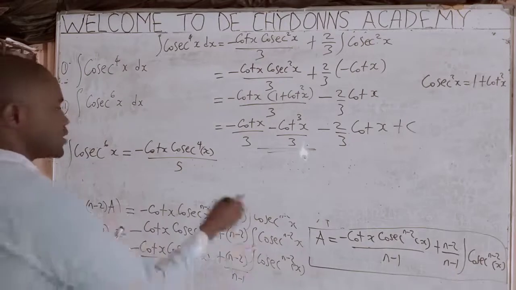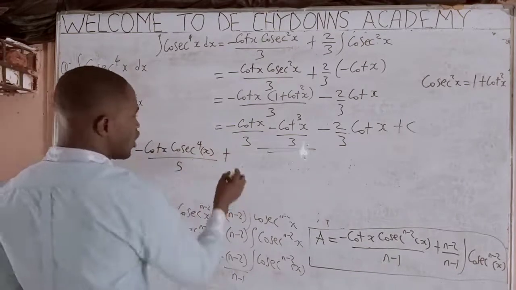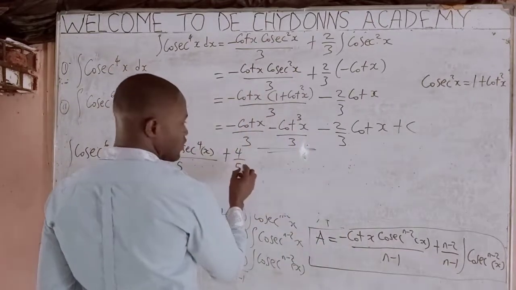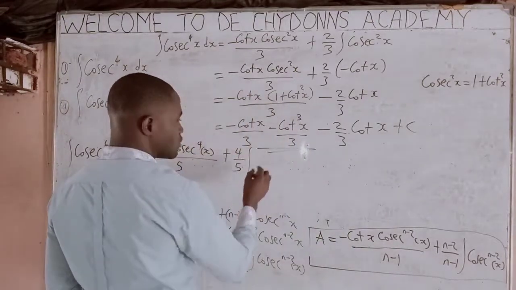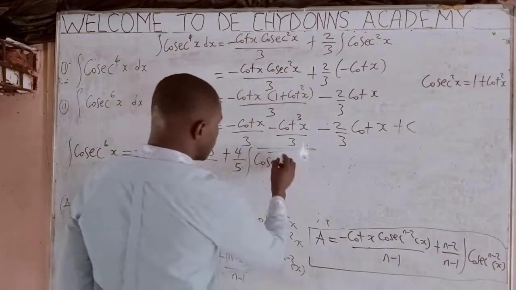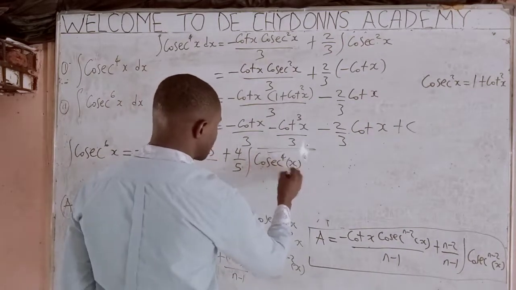Then plus (6 minus 2) over (6 minus 1), 4 over 5, integration cosec^(6-2) x, 4 x.